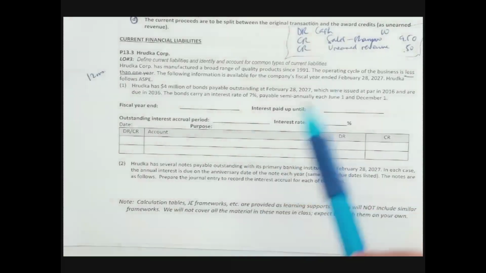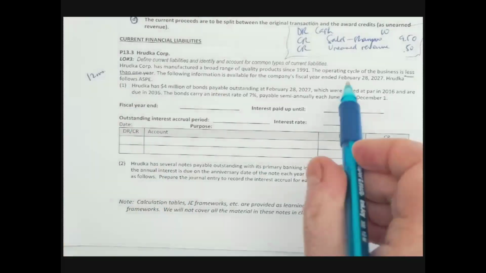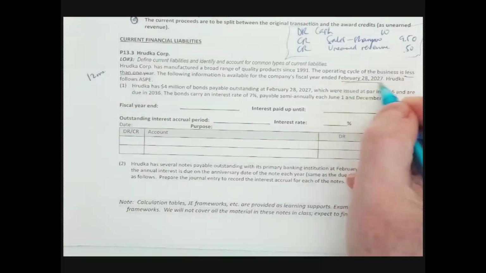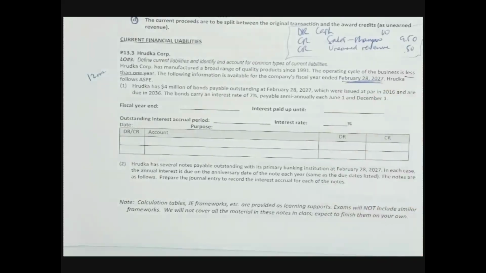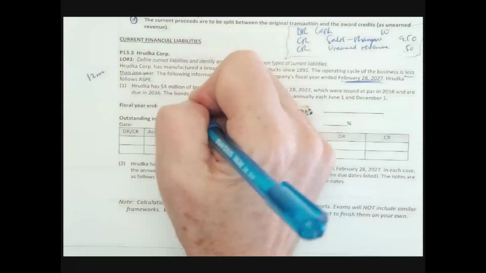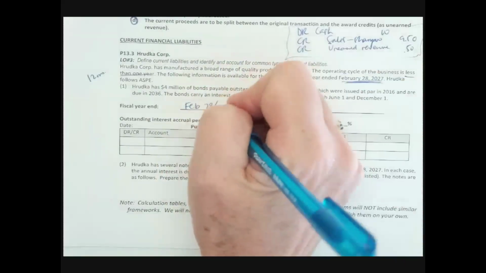But the current liability, well, our fiscal year end, and if I ever give you an off calendar year end, just note it down, circle it, highlight it, because it's easy to get your month counts and your proration wrong, because you think automatically of December 31st, a calendar year. So I would just keep reminding myself, oh, she's given me a nasty year end.